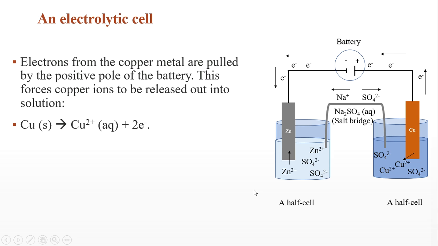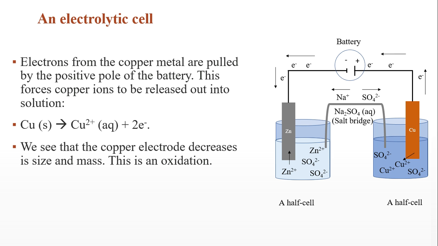So when copper atoms lose electrons in this fashion, we can write the following formula. We see that the copper electrode decreases in both size and mass because the actual metal piece is slowly converted into ions. They are dissolved into solution, so it will decrease slowly over time. This is an oxidation going on.